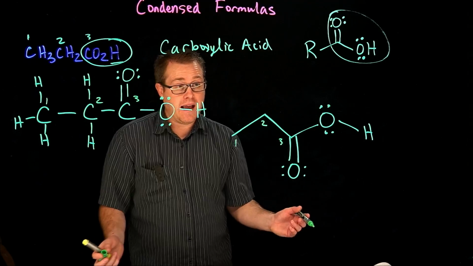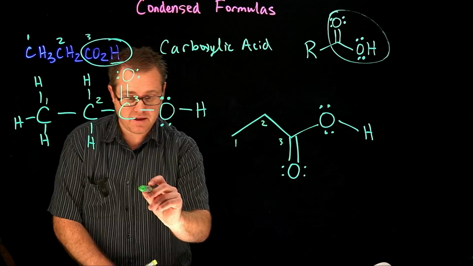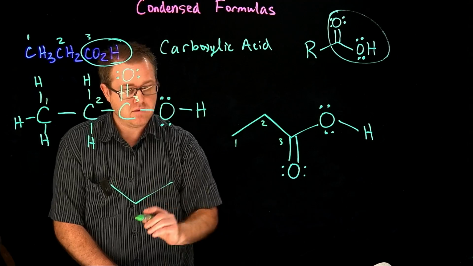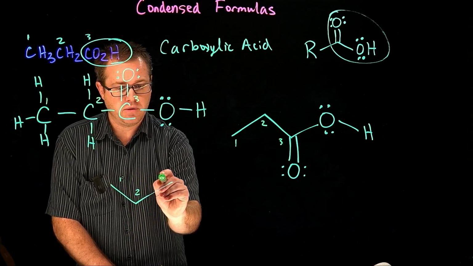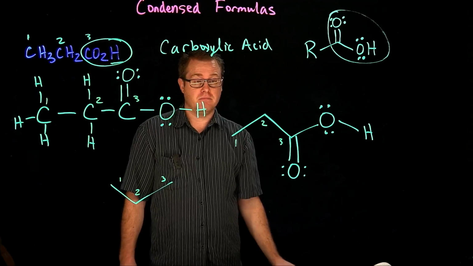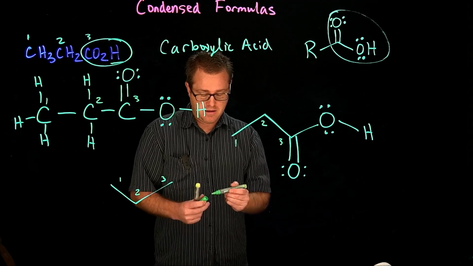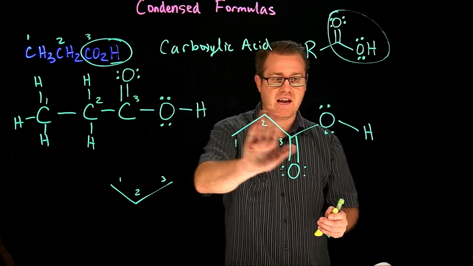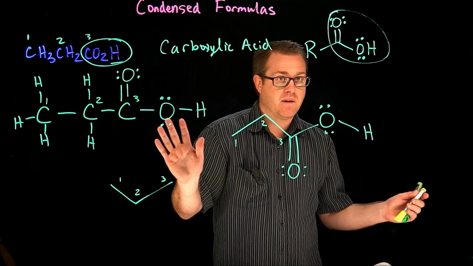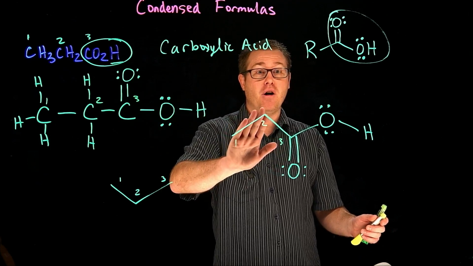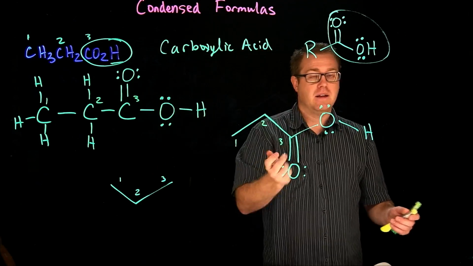Now, could I have started my zigzag like this? Carbons 1, 2, and 3. Yes, I can. It does not matter. Because does this molecule stay in this orientation for its entire lifetime? No, molecules move around and rotate.